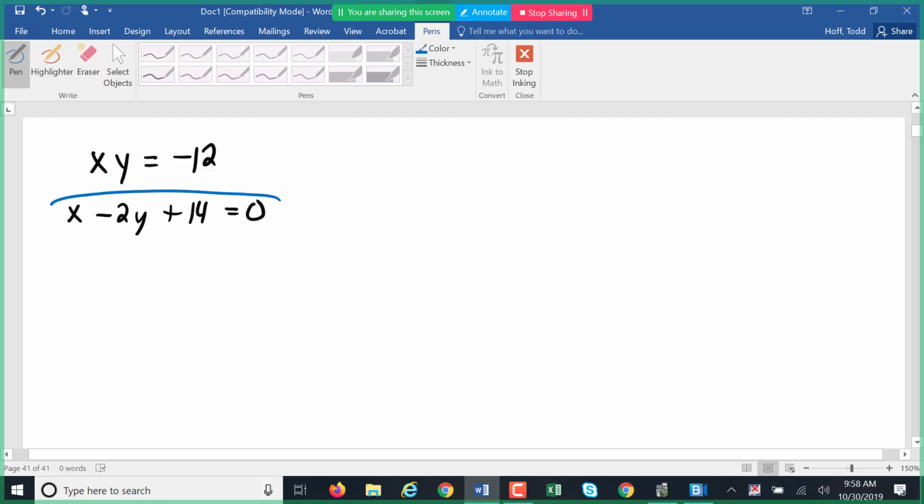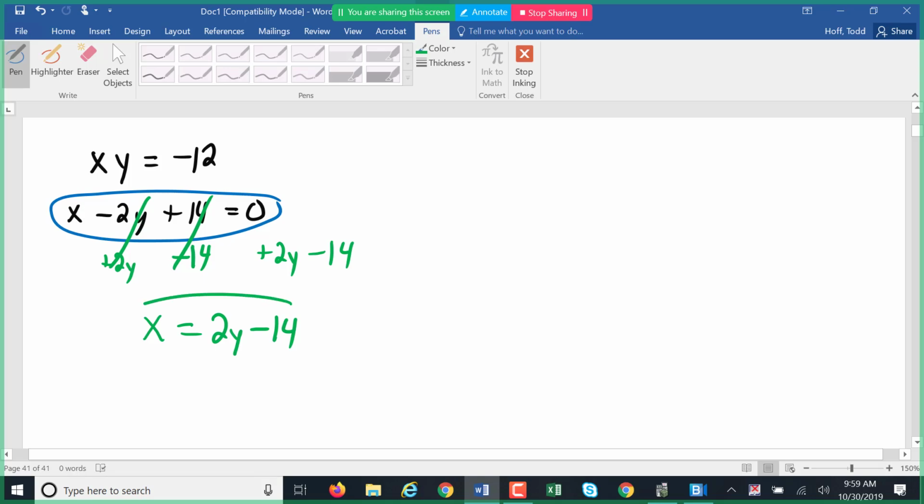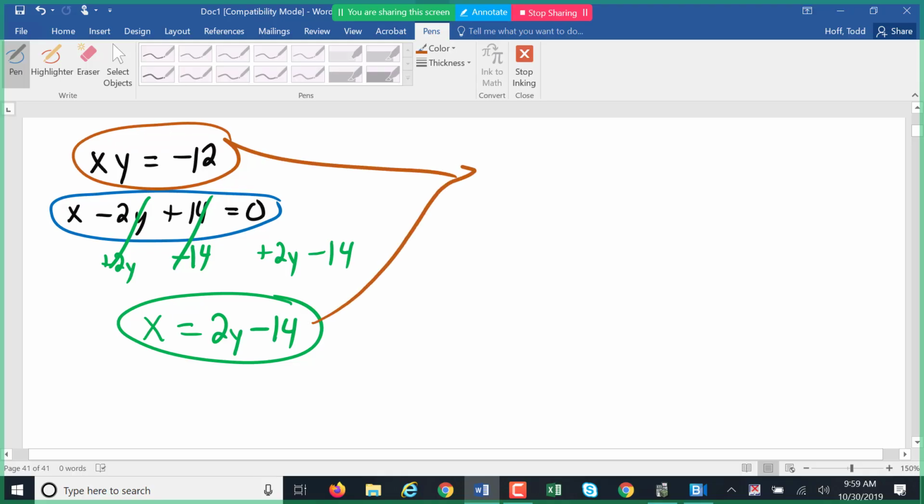I'm going to solve this for x. So to do that, I'm going to add 2y to both sides to get rid of the 2y. And I'm going to subtract 14 from both sides to get rid of the 14. So that gives me x equals 2y minus 14. Now we'll substitute that back into this original equation.